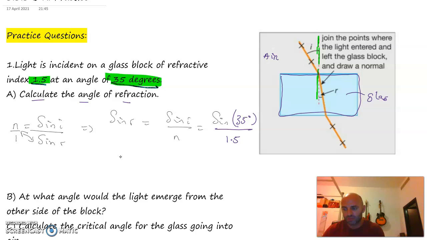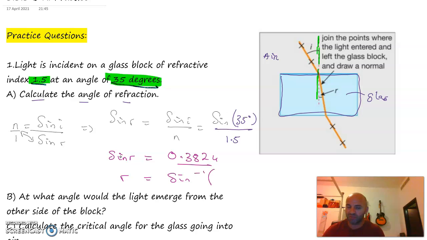So this works out to be the sine of the refracted angle turns out to be 0.3824, we'll say. So that's the sine of the angle, and now I take the sine inverse of both sides, and that gives me the angle of refraction.